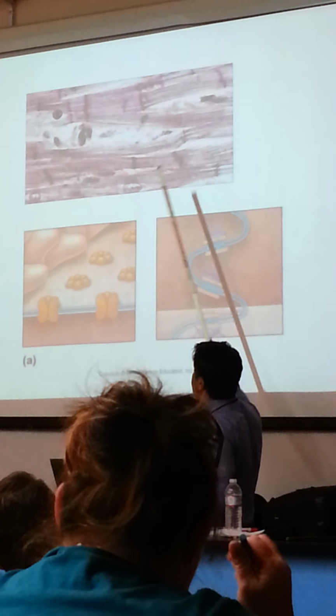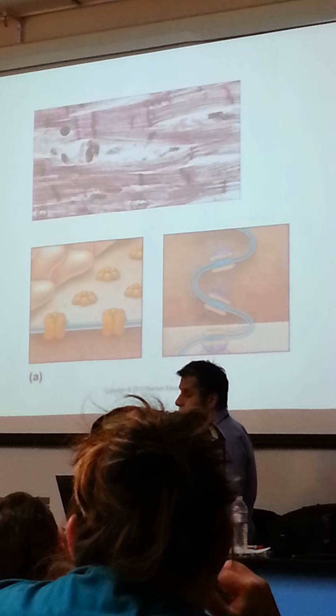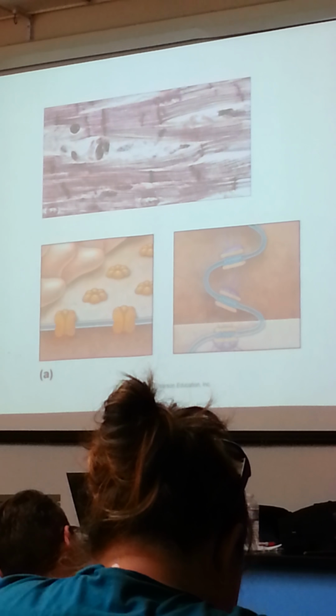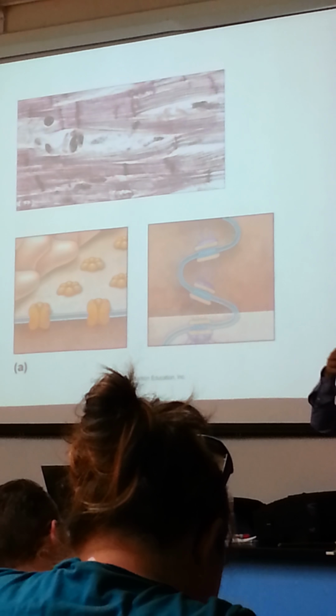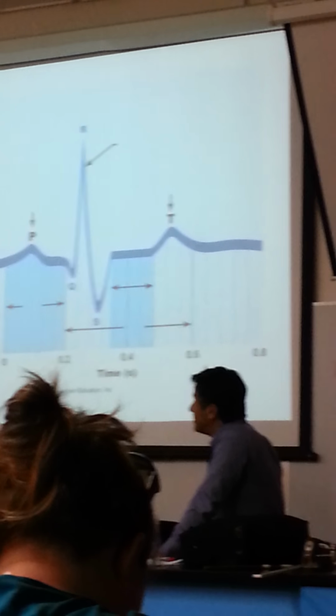And what are these? Intercalated discs. What is the function of intercalated discs? To allow the muscles to talk to each other. What are these? EKG. And what does P represent?